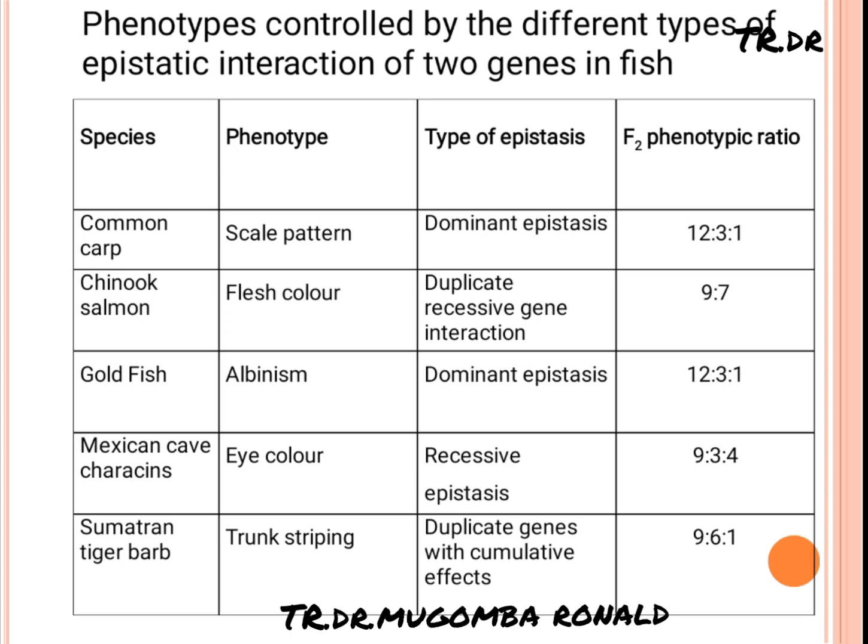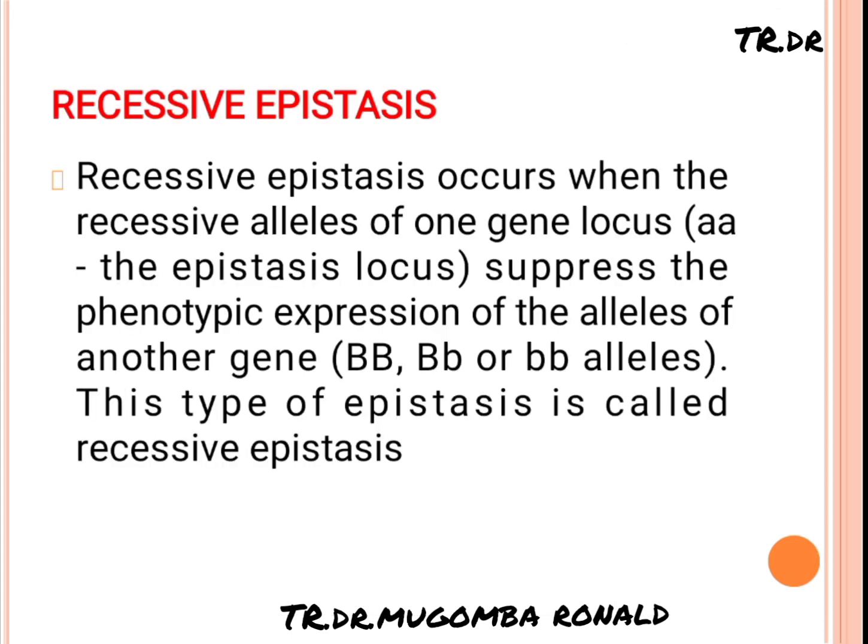Now, recessive epistasis usually occurs when the recessive allele of one gene locus, let us say the A locus, the epistatic locus, suppresses the other gene. For so long as you have that small a present, it will suppress the expression of the other gene.